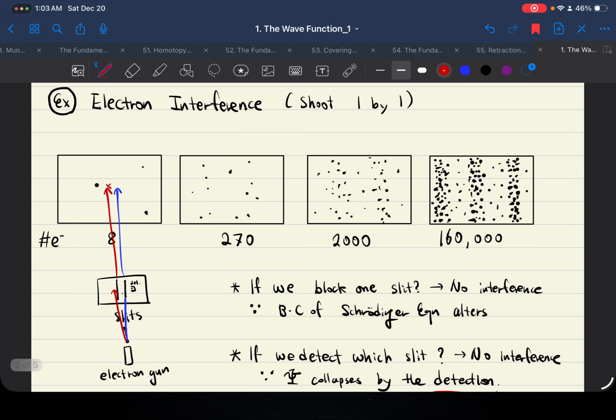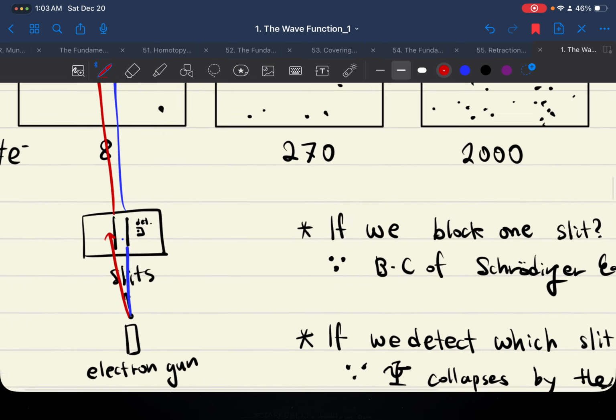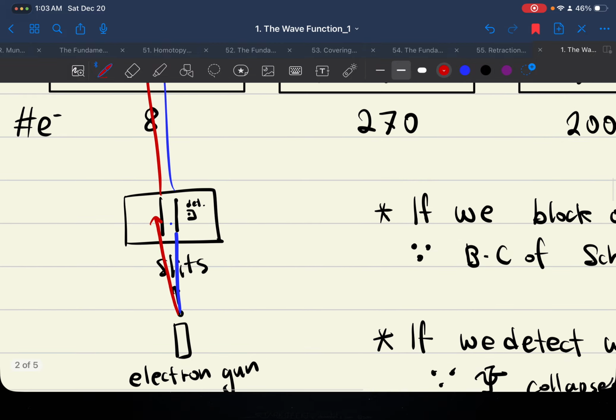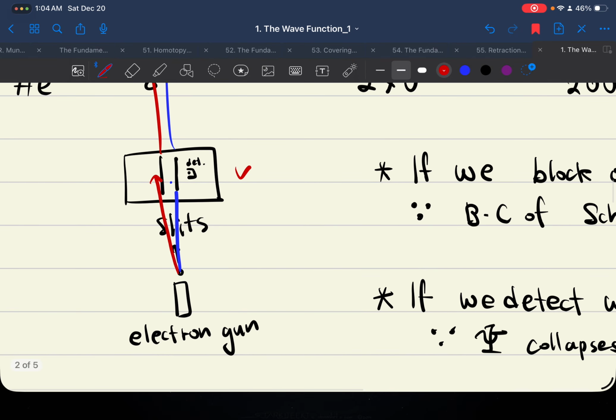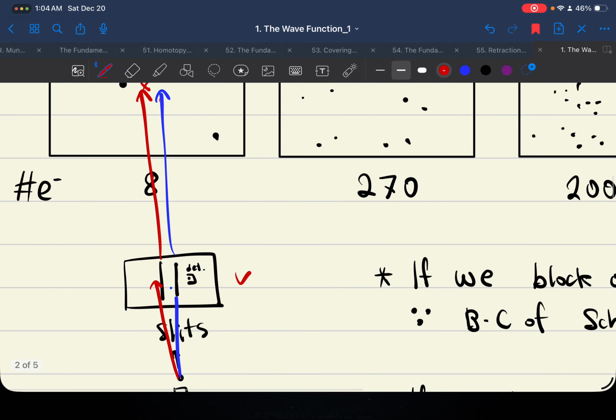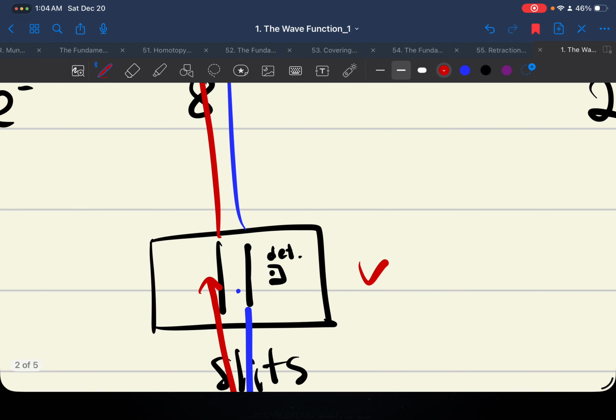Here is a very popular experiment about electron interference. Here's an electron gun, here's a double slit, and here is a screen. If you imagine the electron gun shooting the electrons one by one, then each electron will go through either the first slit or the second slit.